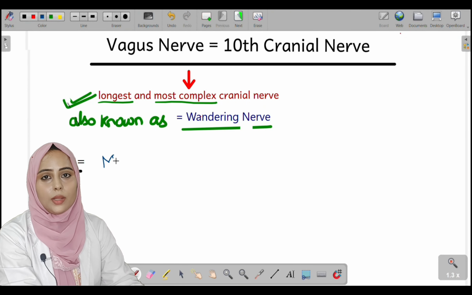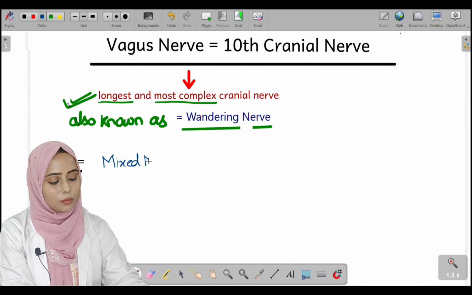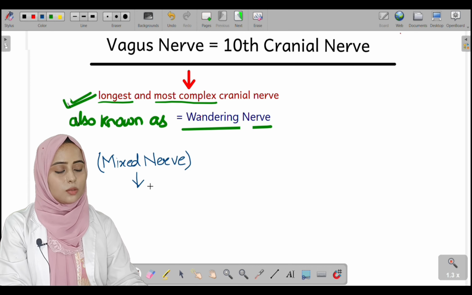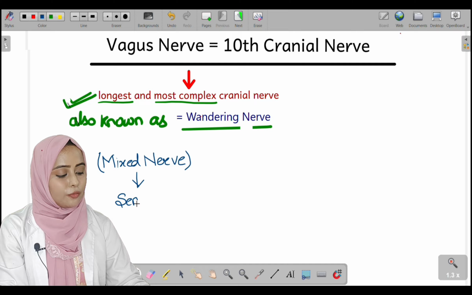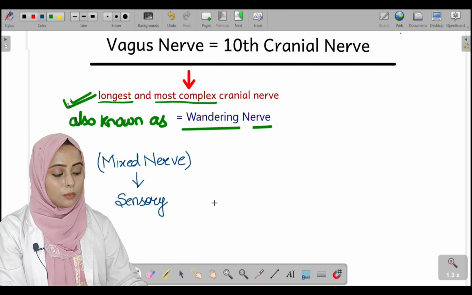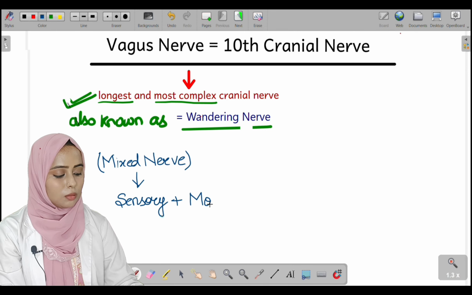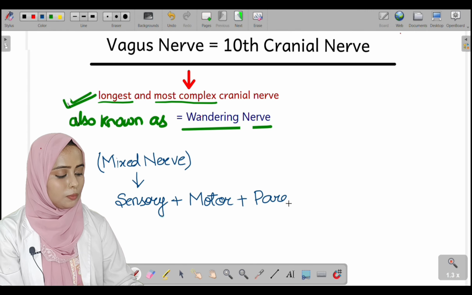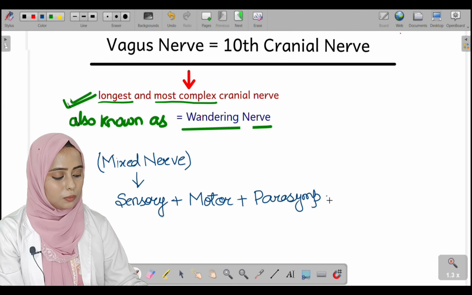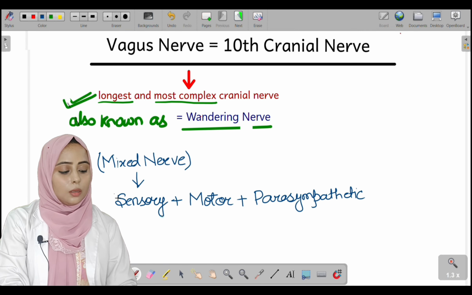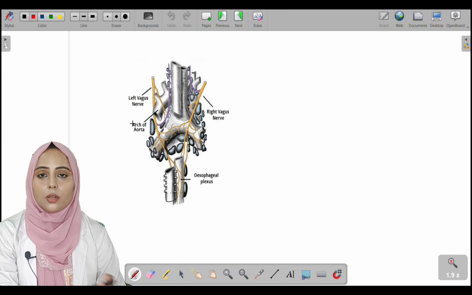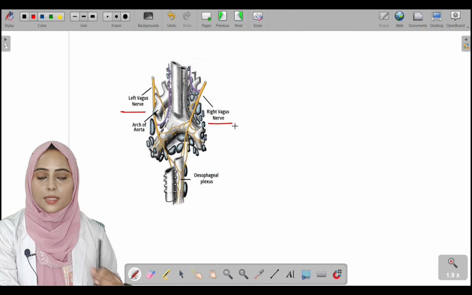Coming to its nerve type, vagus nerve is a mixed nerve. Mixed nerve means it contains sensory fiber, motor fiber, as well as parasympathetic fiber. Our body has vagus nerve on both sides, one on the left side and another on the right side.